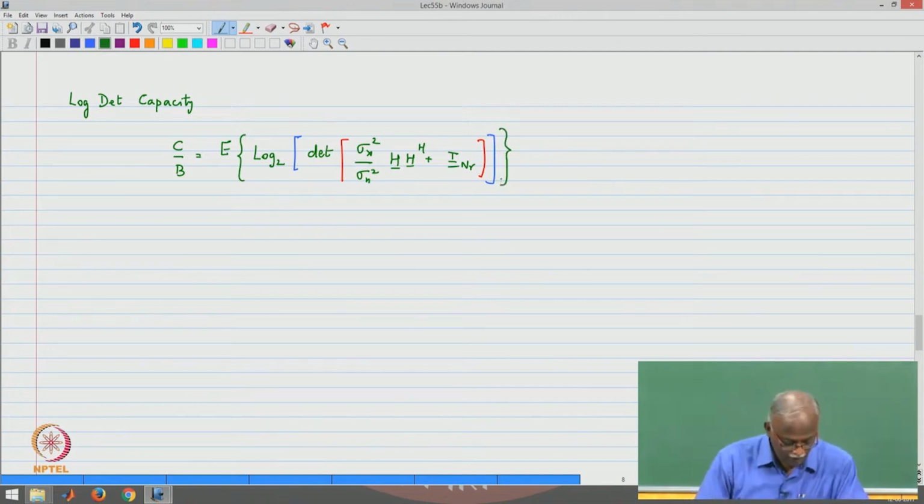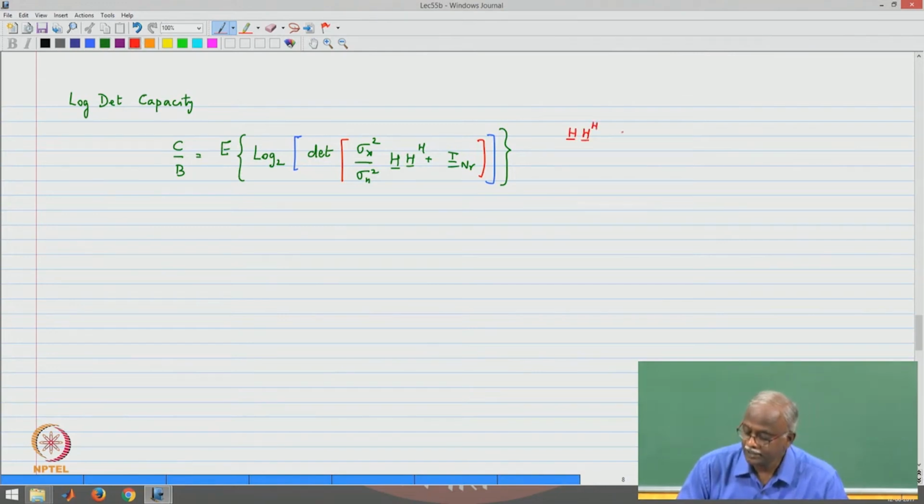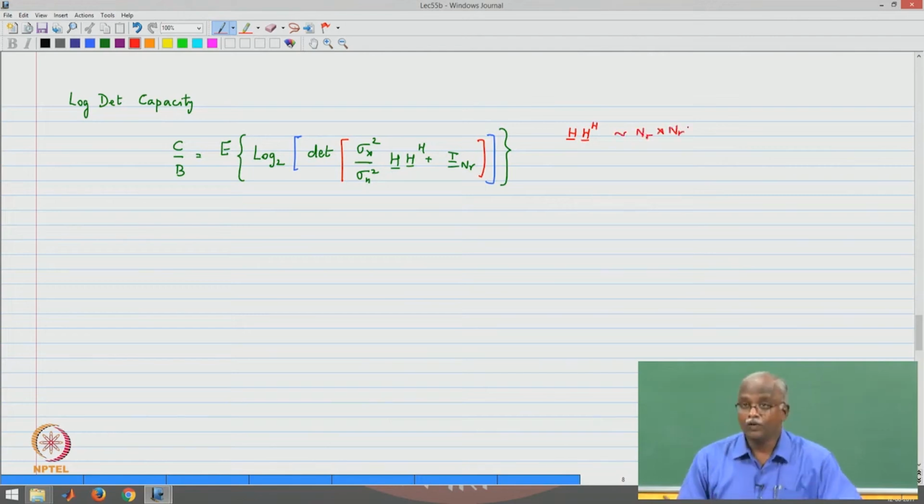Now, this is a form where we are using H H Hermitian, so this is of the order NR cross NR. This is a form that is very useful for us to work with when the dimensionality of the receive antennas is the limiting case in terms of the rank.